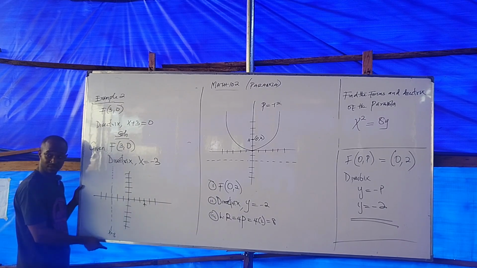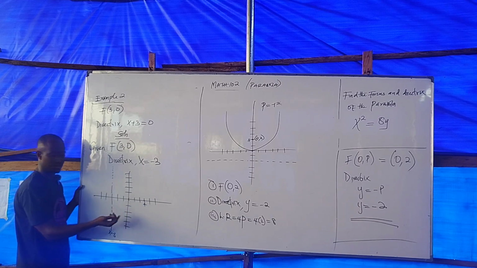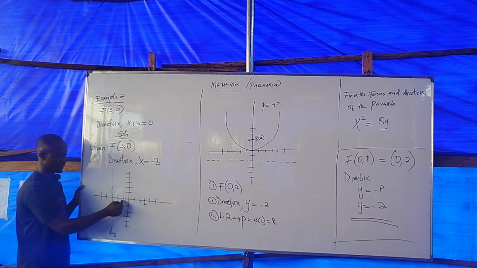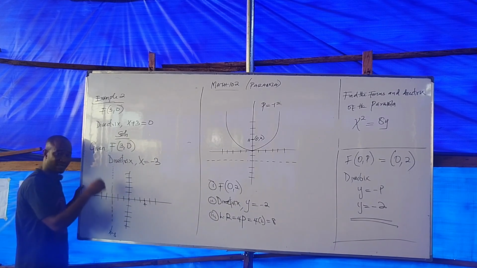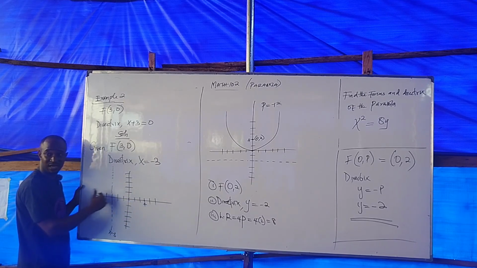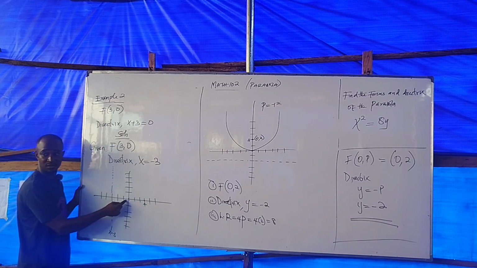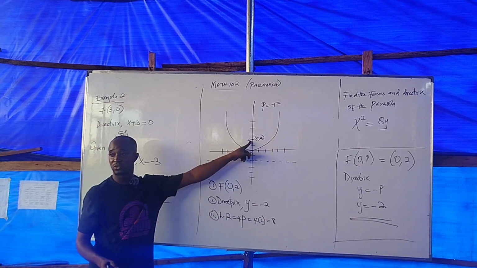From the focus to the directrix it is 6 units, so half of 6 is 3. Your vertex must be halfway between focus and directrix, and the parabola always encloses the focus.